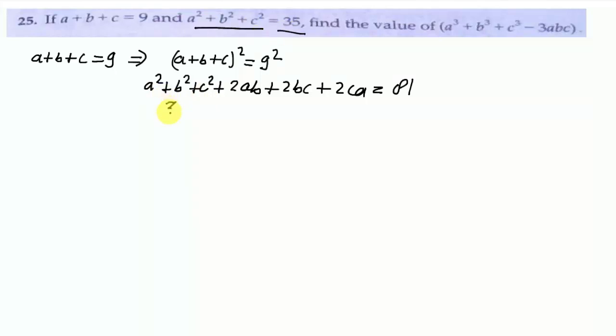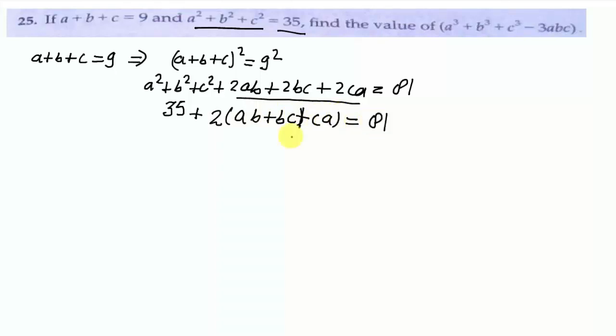So replace with 35 and taking 2 common in these three terms. So 2 into (ab plus bc plus ca) equals 81 minus 35, and 2 into (ab plus bc plus ca) is equal to 46.